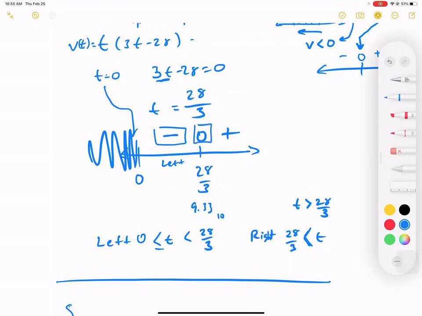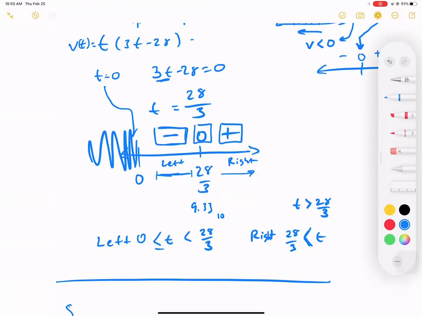We know we pause. Now, after and before, we can say, which direction were you going? I was going in a positive direction after 28 over 3, but I was going in a negative direction before 28 over 3. So I was going left before and right after. So basically our answer would have been left in my first interval of time. And from now on, after 28 over 3, I was going to the right.